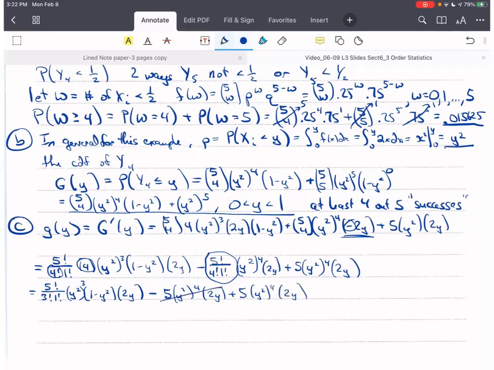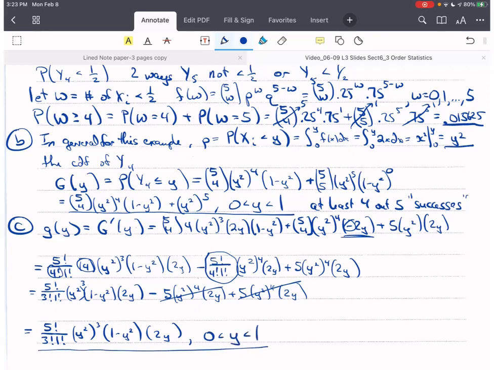And these terms cancel out. I am left with 5 factorial over 3 factorial, 1 factorial, y squared cubed, 1 minus y squared, times 2y, and y is between 0 and 1, and this is my PDF.